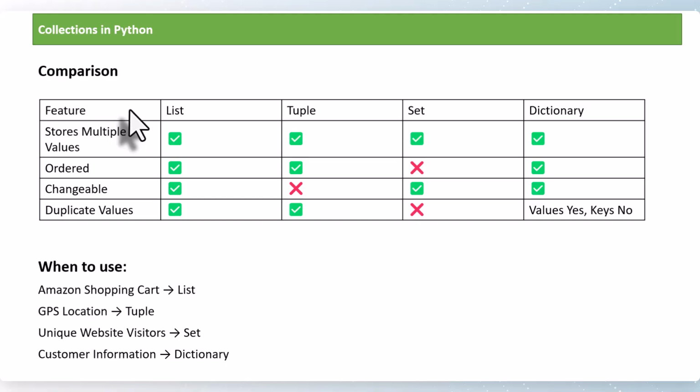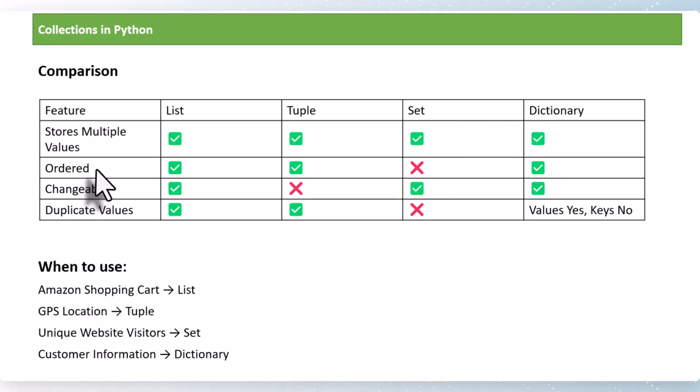Let's briefly compare these collections. List is going to store multiple values. Tuple is also going to store multiple values. Set, multiple values. Dictionary is also going to store multiple values. So that is the reason all these, list, tuple, set, dictionary, are called collections.